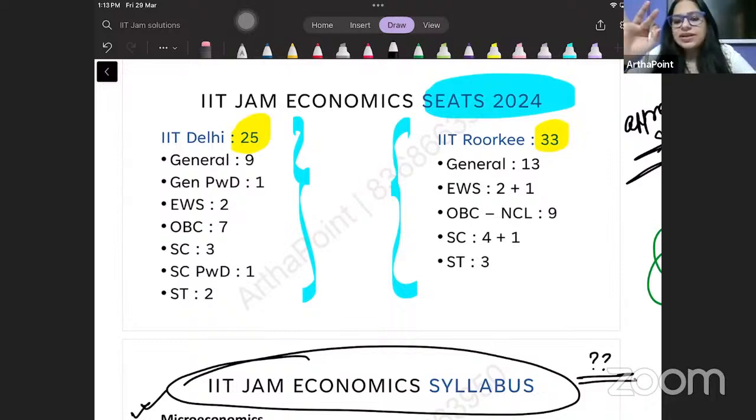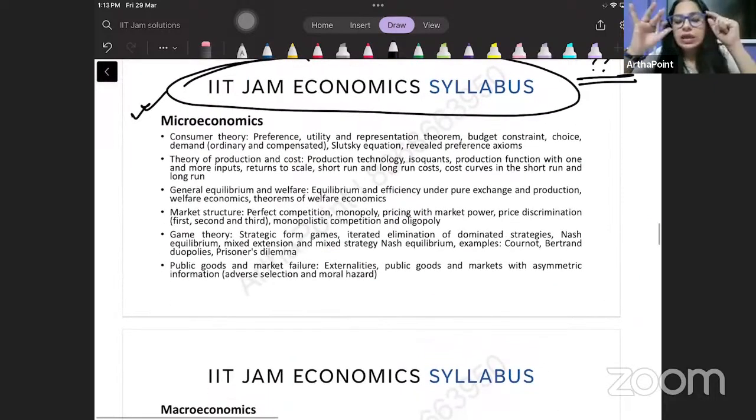Now let us try to understand what should be covered under microeconomics. Micro में exactly हमें क्या cover करना है? Literally everything that you have studied in your undergraduation must be covered as part of the microeconomics syllabus.